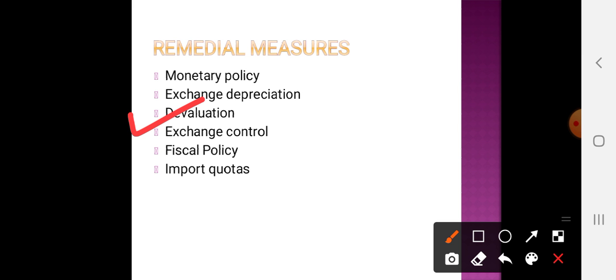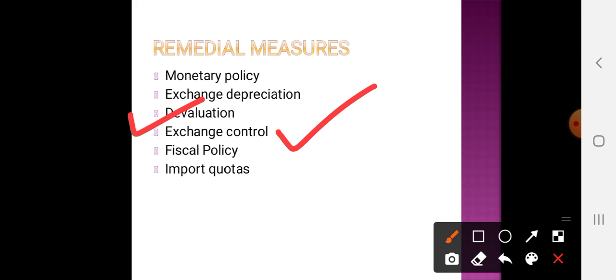This is the situation we are facing in the form of devaluation. But by devaluing the money, by reducing the exchange rate, we can balance the balance of payment situation, turning an unfavorable balance of payment into a favorable one.